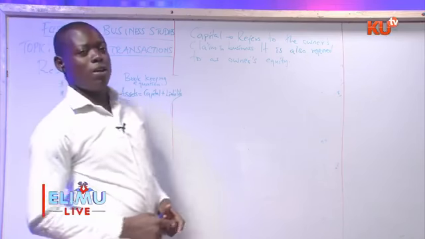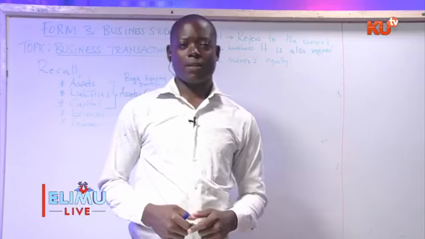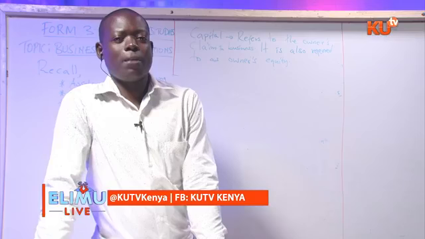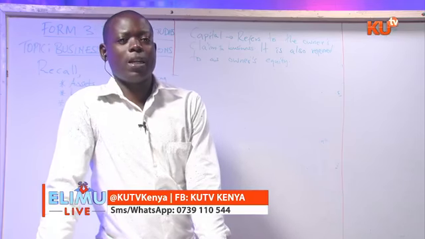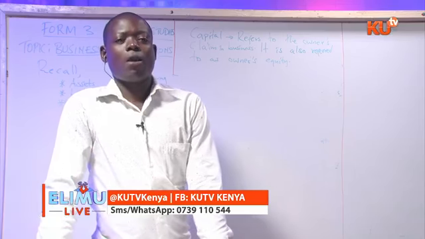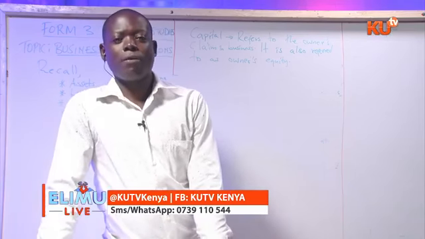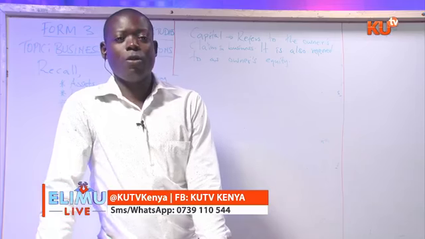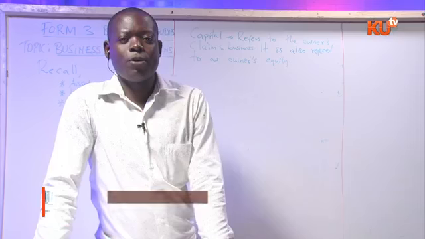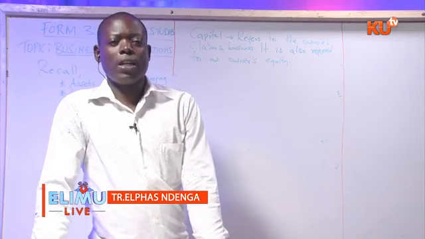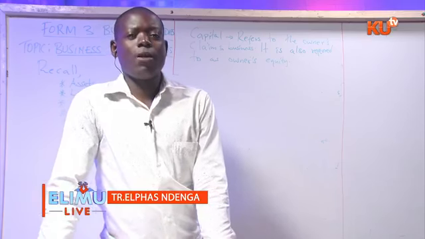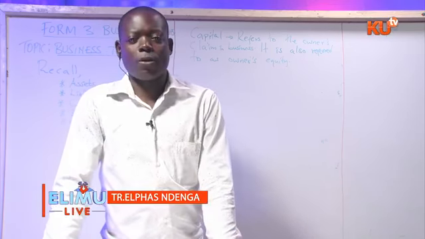For example, if I want to start a simple business like a cyber business, providing internet services, printing and typing, I may start by having a computer that has been donated from a friend. The sources of capital are not only about your own contribution, but also come out of donations. So if a friend donates a computer to you to start the business, that forms part of your initial capital.